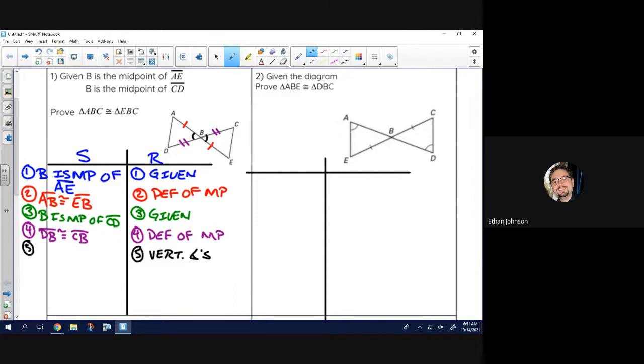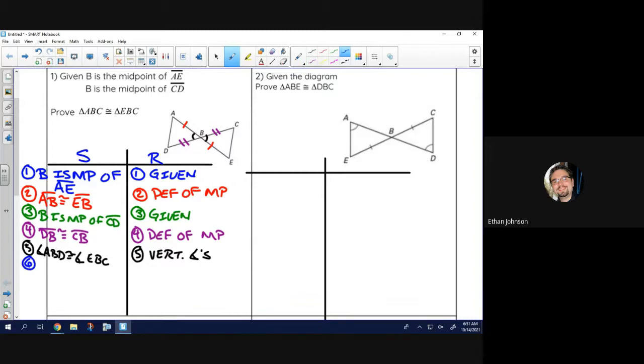Well, my vertical angles then would be angle ABD is congruent to angle EBC. We have our three triangle congruencies. So I will say the triangles are congruent.